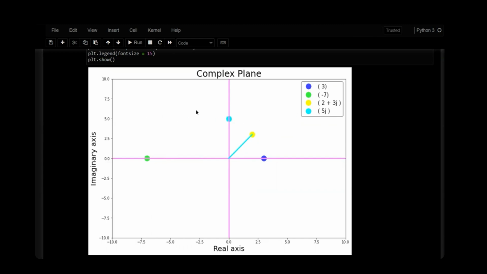Finally, 5j has no real part, so it lies purely on the imaginary axis at 5. This demonstrates how we represent complex numbers on a complex plane. All of these points are complex numbers. The first 2 have 0 imaginary parts, and the last one has a 0 real part. This is the standard way to represent complex numbers on a complex plane.